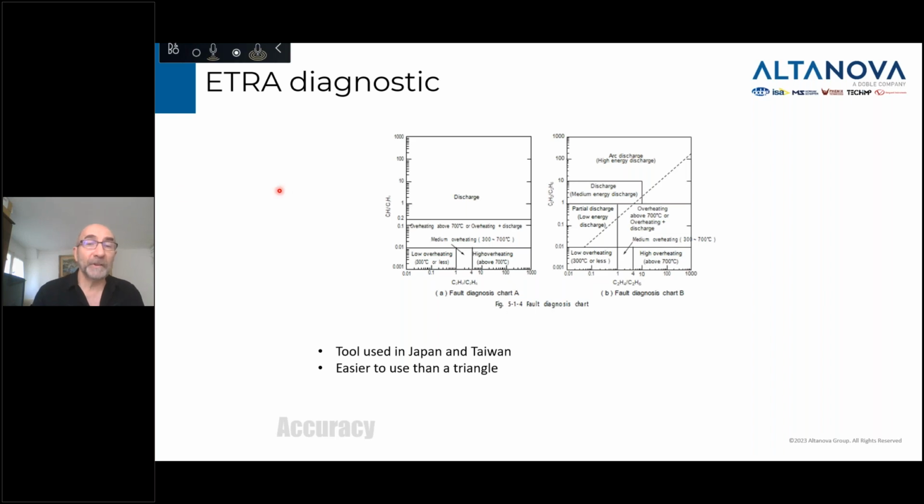It's a little bit the same as the Rogers ratio: you use a different type of gas ratio, and depending on where it fits, you get your diagnostic. It's easier to use than the triangle to a certain point, but that diagnostic system has never really been used outside Japan and Taiwan.